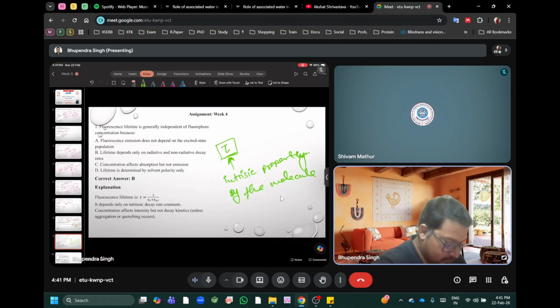So it doesn't depend on the concentration. That is what the question is saying. Fluorescence lifetime is generally independent of fluorophore concentration, because fluorescence emission does not depend on the excited state population.